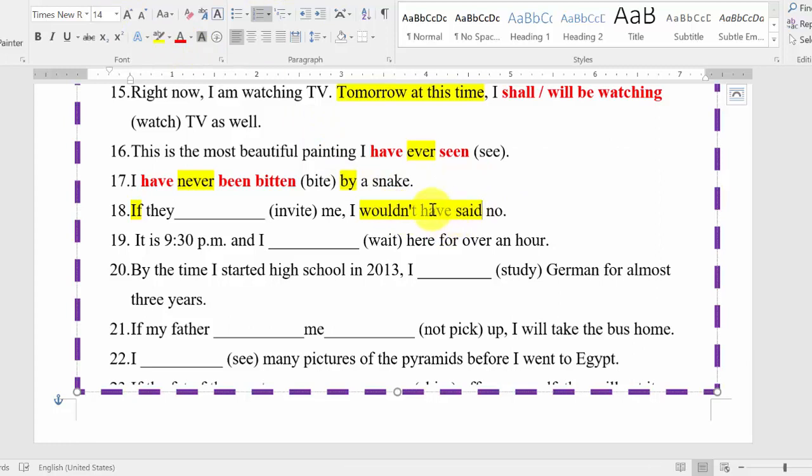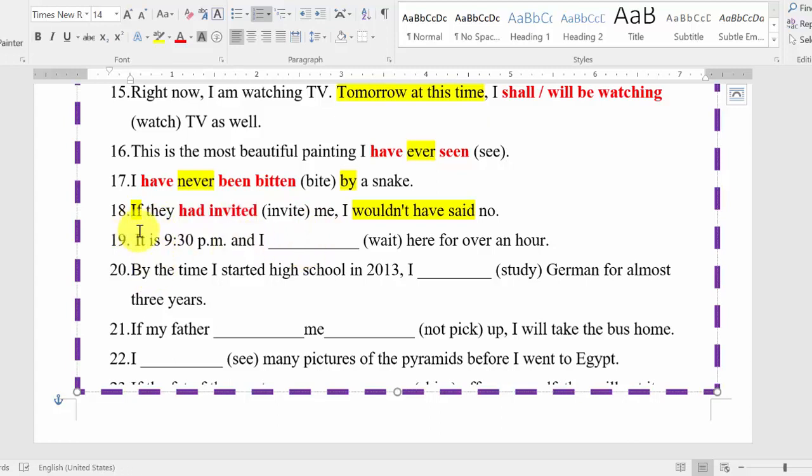The other part should be past perfect, had PP, or the passive form, had been PP. They invite me, they can do this action to me, so it should be active voice. So active voice, had PP: invited. If conditional, impossible: had invited.